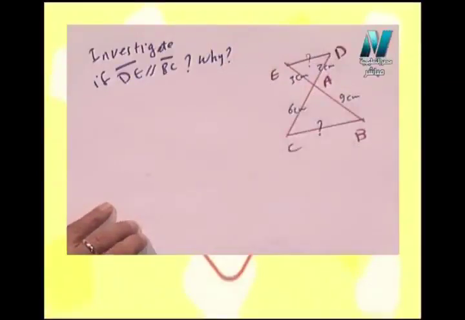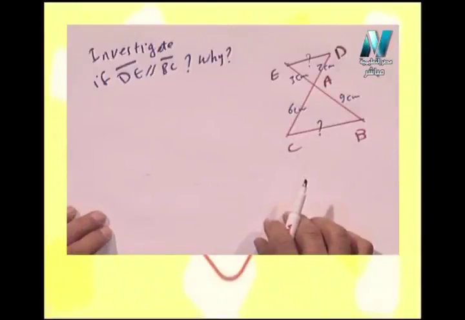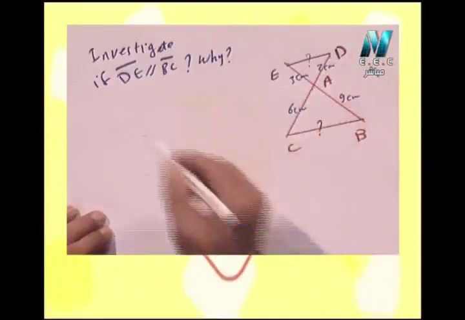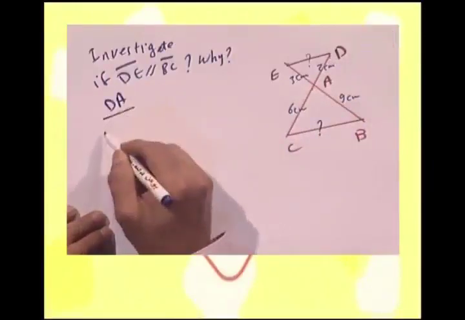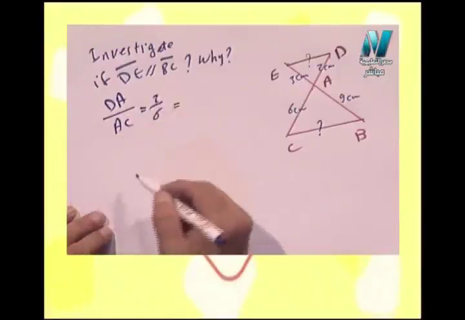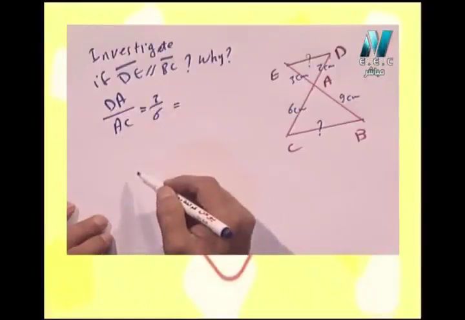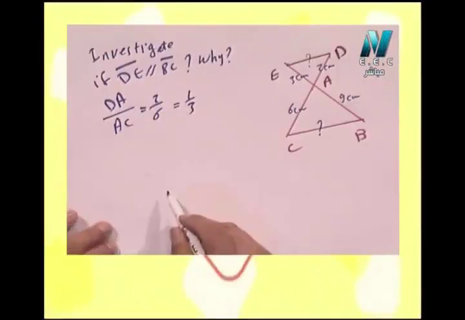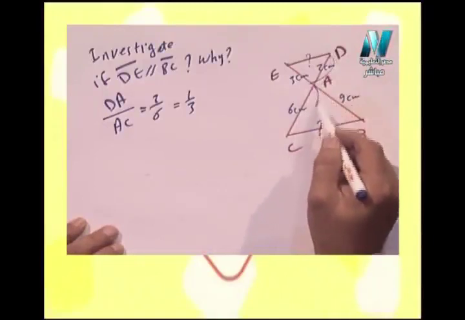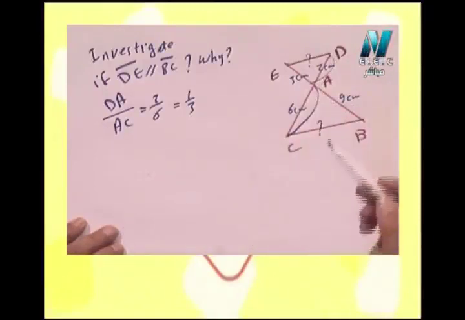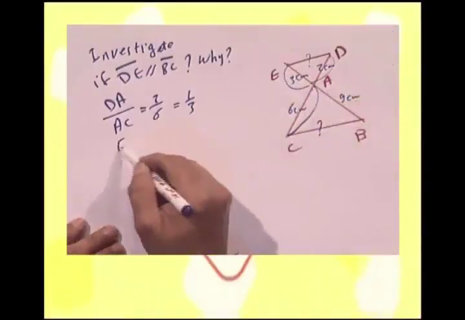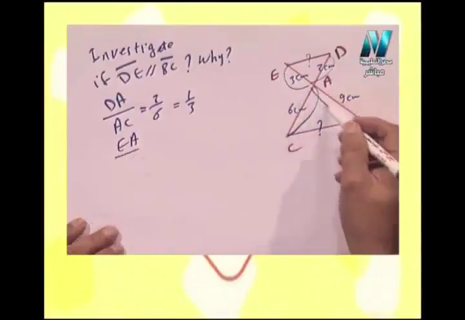To prove that, we have to find DA over AC here. DA over AC equals 2 over 6, and in simplest form, which is important for us, it will be 1 over 3. So we have AD over AC equals 1 over 3. Try to find out EA over AB here.